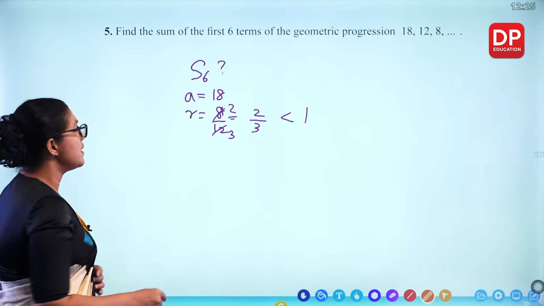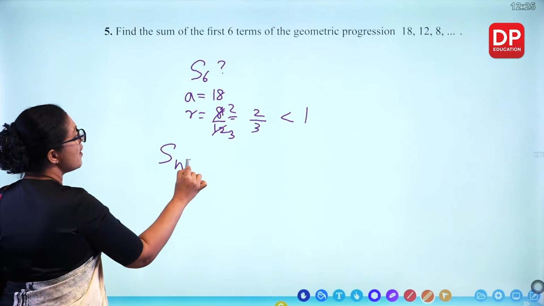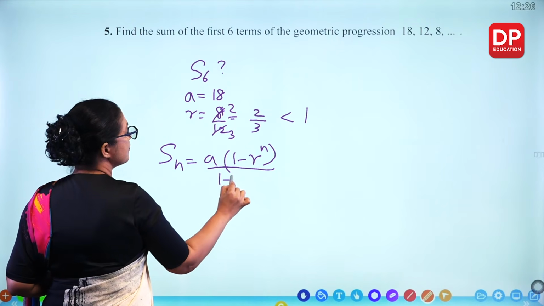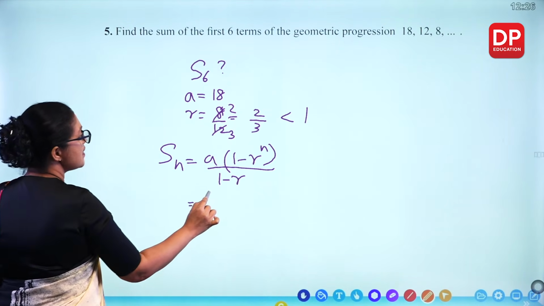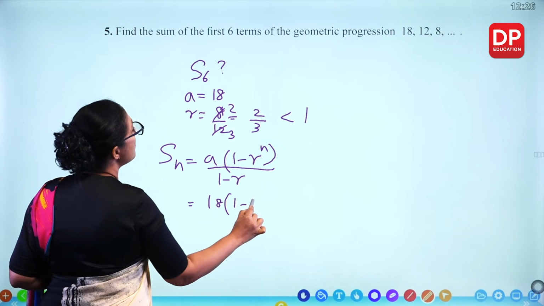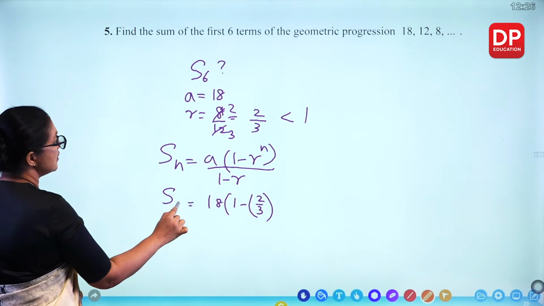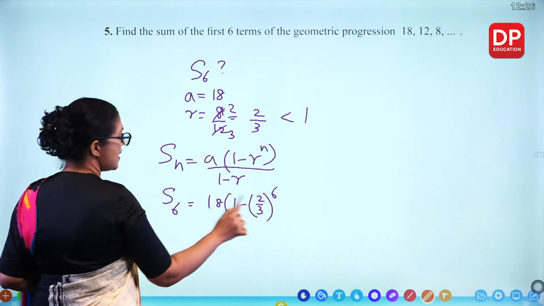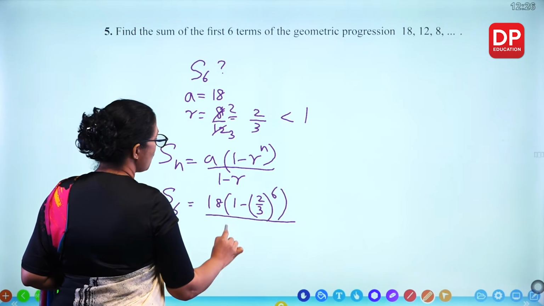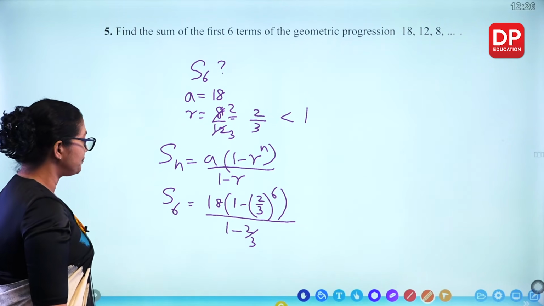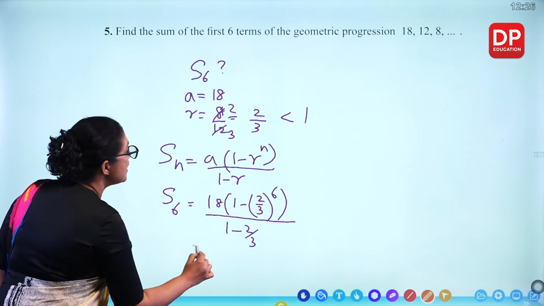So less than 1 means what's the suitable one? 1 minus R^n. Plug the values. A is 18. 1 minus 2/3 to the power 6 because n is 6. 1 minus 2/3. Now 18 is there.